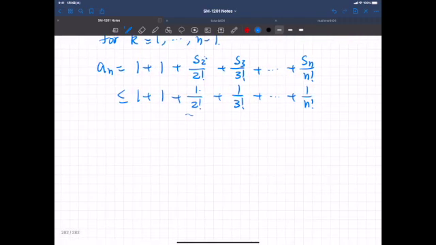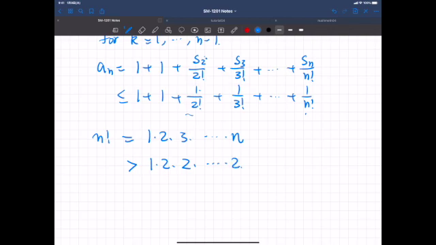Now let's see this n factorial. N factorial by definition is 1 times 2 times 3 times and so on up to n. But this is greater than or equal to 1 times 2 times 2 times 2 times 2 times 2. So we replace this 3 by 2, which is smaller than 3, and we replace this 4 with 2, so everything above 2 is replaced with 2.